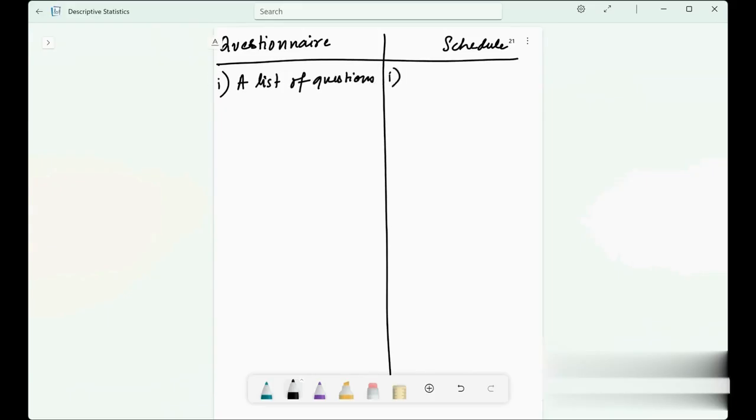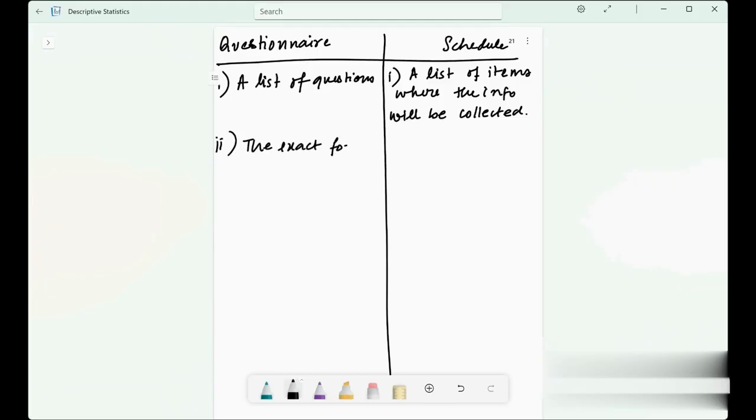Whereas schedule is a list of items on which the information will be collected. Next point is the exact form of the question to be put to the informants are given in the questionnaire.